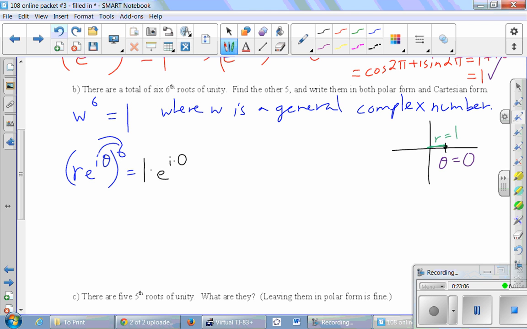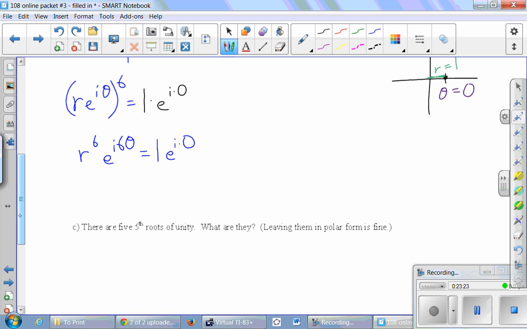Okay, now we're going to take the 6 and bring it into both of the factors. So we go r to the 6th, e to the, and then we know that we get to multiply the powers. So this will become I times 6 theta equals 1 e to the I times 0. And now we're going to make some pieces equal to each other, so this equation will be true.